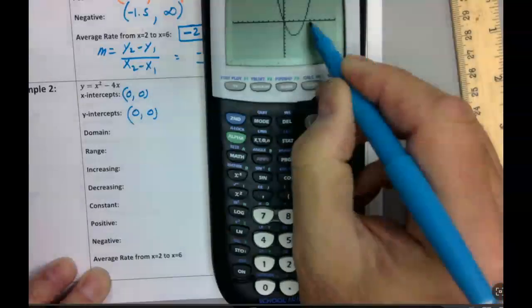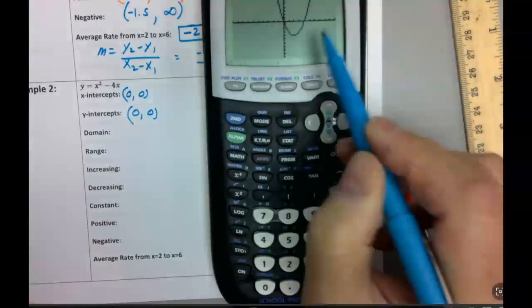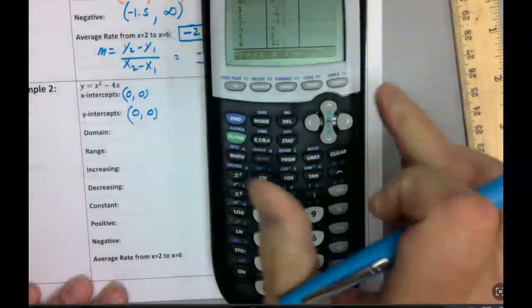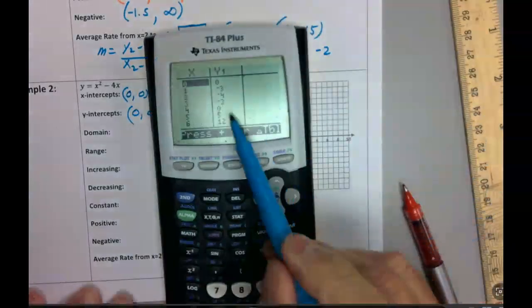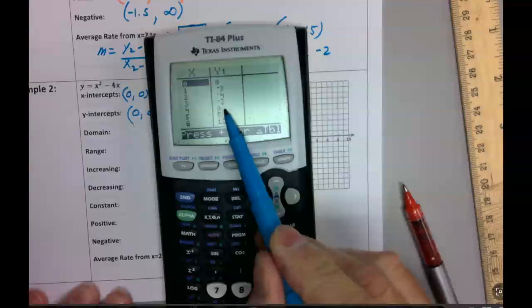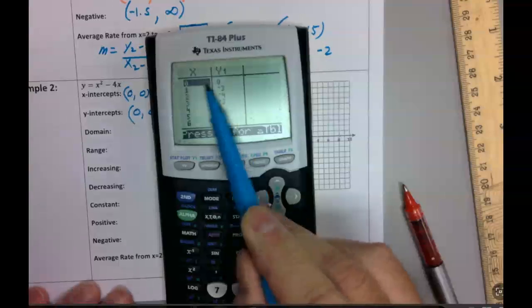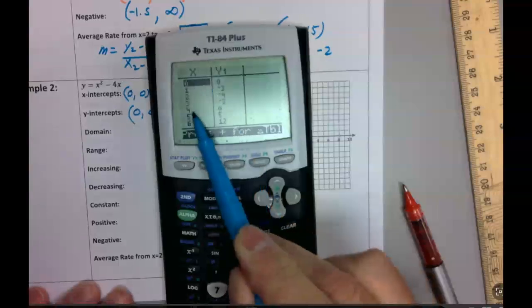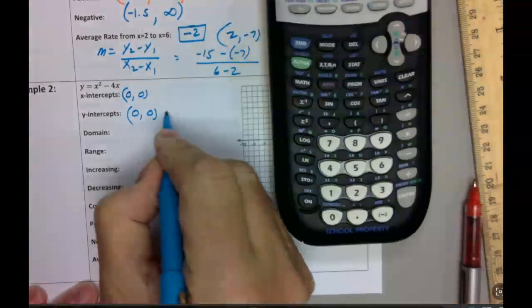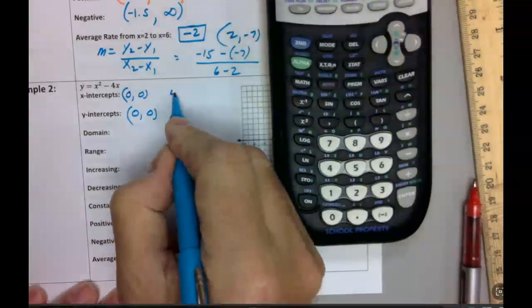Now let's find this other x-intercept. And remember, if you go to your table, you'll see where y is 0 is your other x-intercept. So it's (4, 0). Okay, so we get (4, 0) is our other x-intercept.